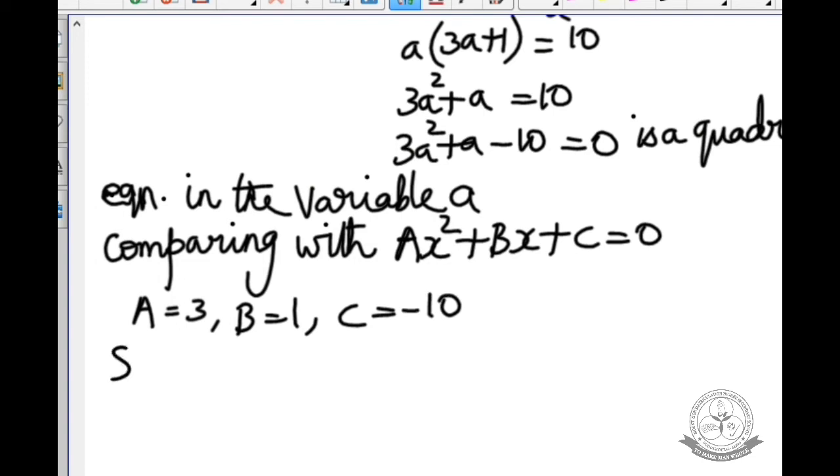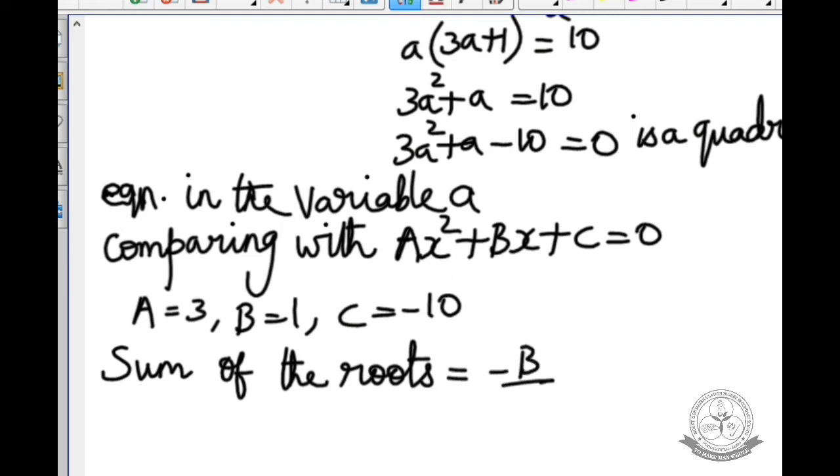So sum of the roots equal to minus b by a. That is minus b value is minus 1, by a which is 3.